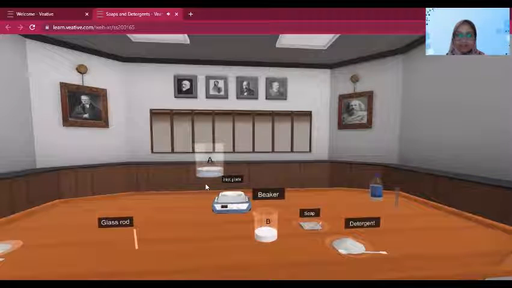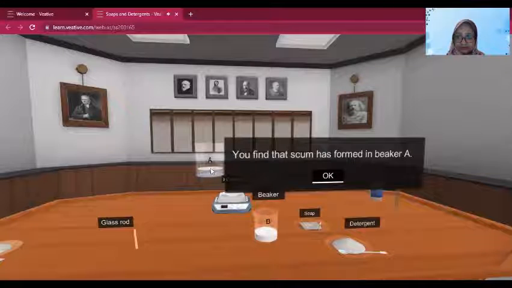Okay, what you can see is the scum, a small white precipitate, that's called scum.